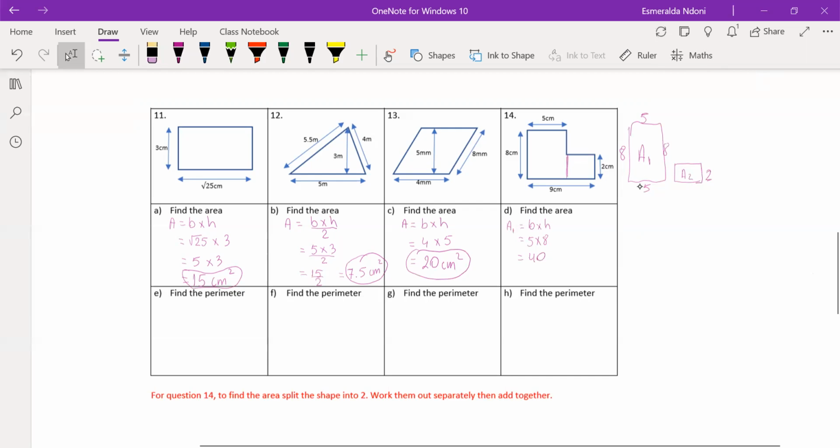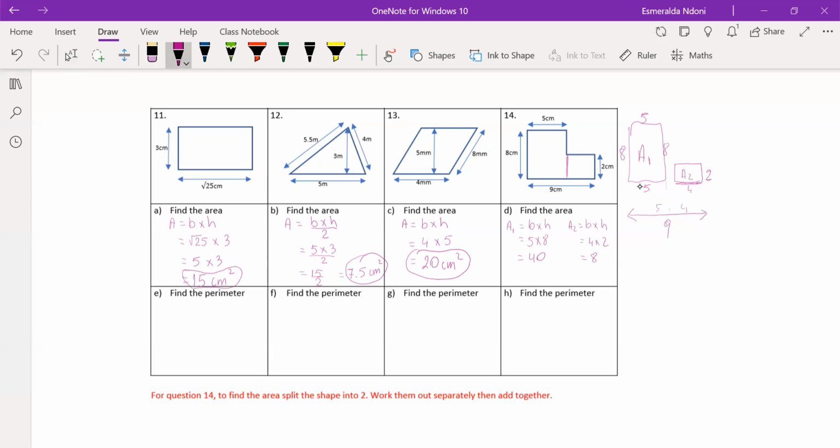We just need to work out the base. Everything was 9. Look at the arrow. So if some of it is 5, what are you left with to make 9? 4. Well done. So let's do area 2, base times height. Base is 4 times height of 2 is 8.